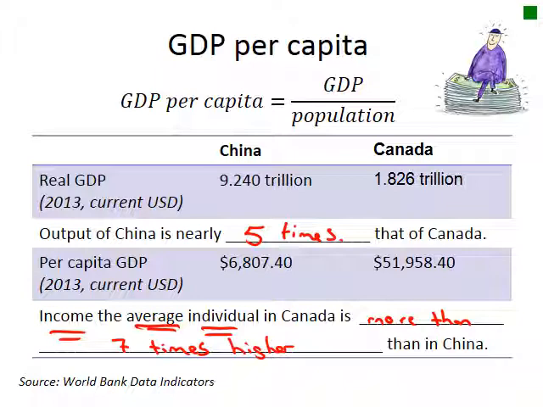So when we start to look at it on the GDP per capita, and we link that in with being average individual income, in Canada it's more than 7 times that of China. So more than 7 times higher than in China. So that gives us a more accurate viewpoint of average income and standard of living.